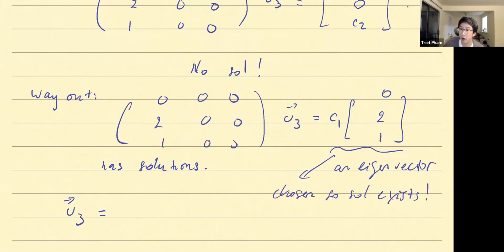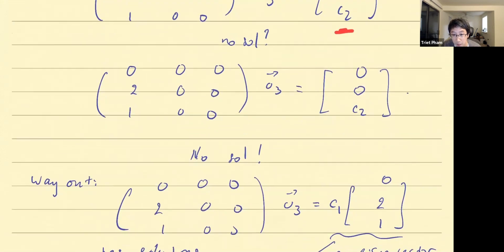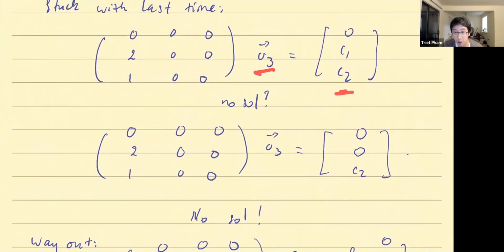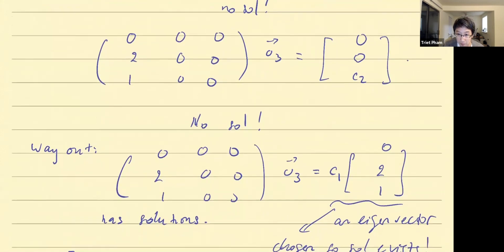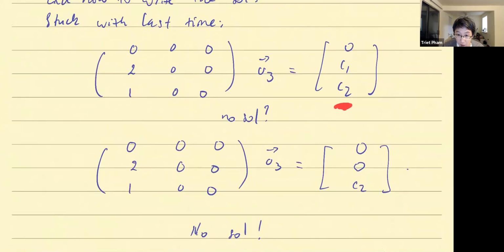Because if you pick any other C1, C2, they don't have a solution. So they're picked so that I can find my pseudo eigenvector. That's the point. You cannot solve for an arbitrary eigenvector in this case, but you have to solve for that particular eigenvector only. That's the particular thing about this question.